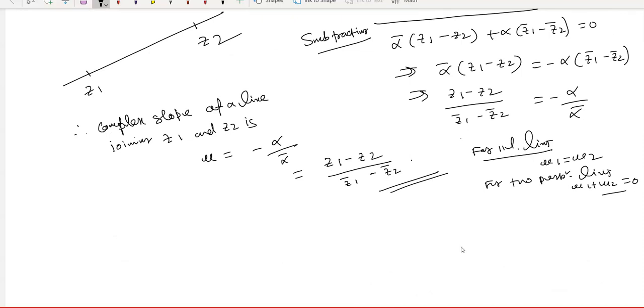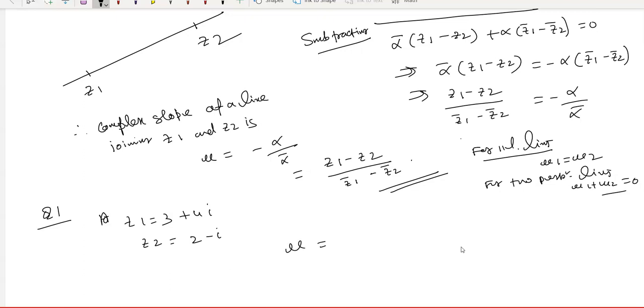Just write two questions. Question number 1. Find the complex slope of the line joining Z1 equal to 3 plus 4i and Z2 equal to 2 minus i. So let us find it first.